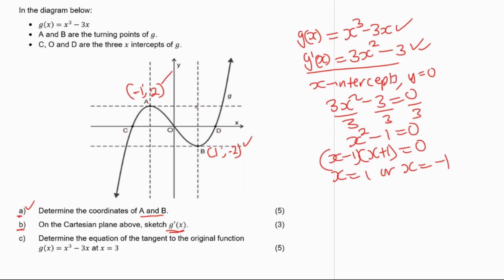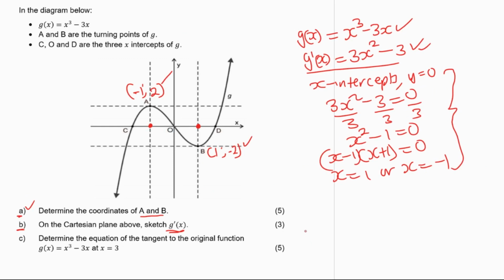Remember, the derivative is what? Is the gradient. At the turning point, the gradients are equal to 0. So now if you are drawing the derivative graph, then it will be 0 here on the x-axis. Okay, we can get the x-intercepts without doing this whole thing.